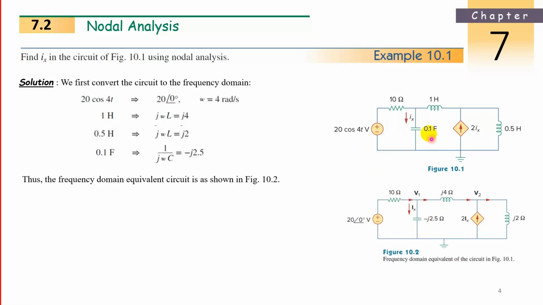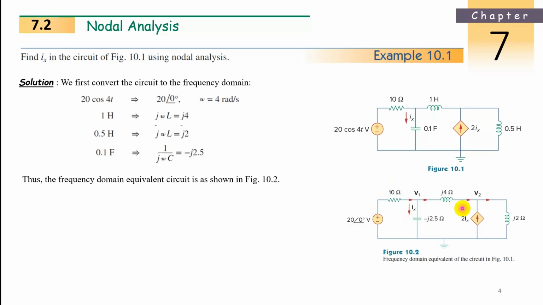Now the 0.1 farad capacitance is minus j 2.5. We are writing it here. Now 1 Henry we converted to j4, and 0.5 Henry is nothing but j2. Now redraw the circuit with your phasors and your frequency domain elements.